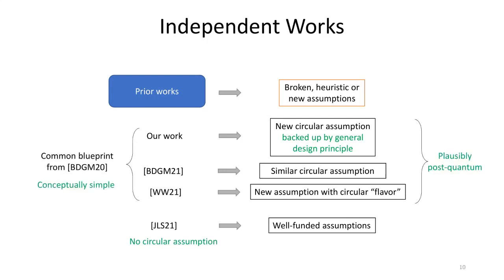The advantage of these three works, including ours, is that they inherit from BDGM20 a relative conceptual simplicity and a slightly more direct way to get I/O. Also, these three constructions are all plausibly post-quantum secure because they all rely on lattice-based assumptions. It's not the case of the original BDGM20 and JLS21.